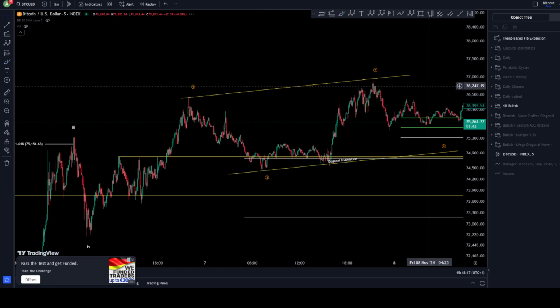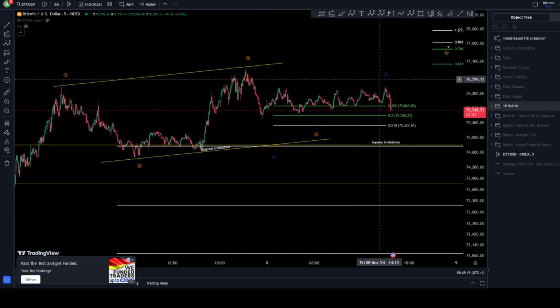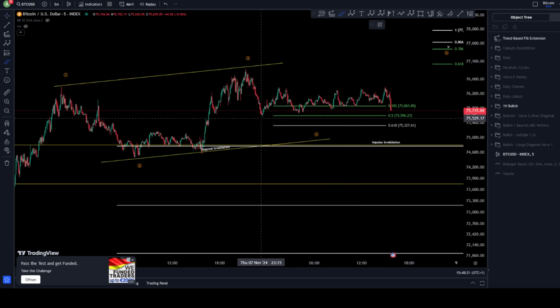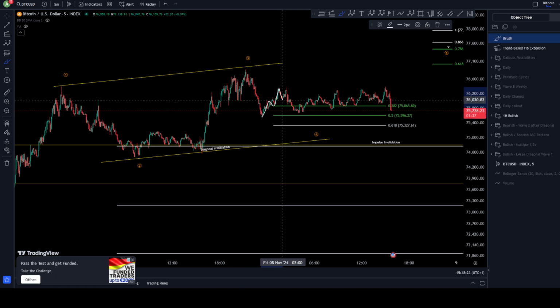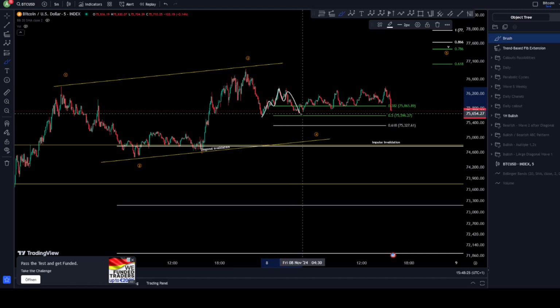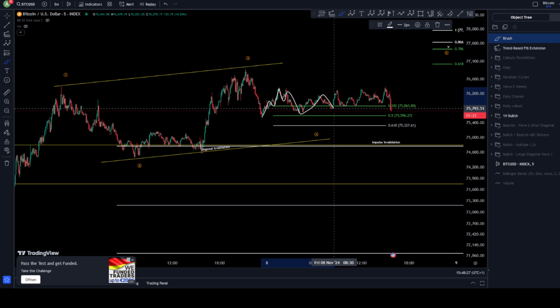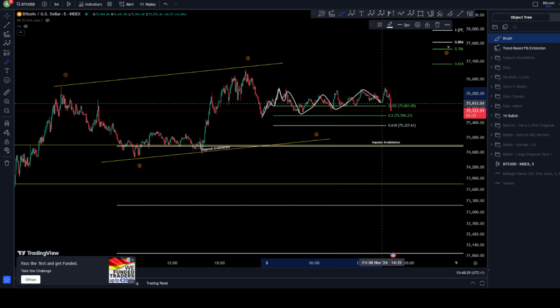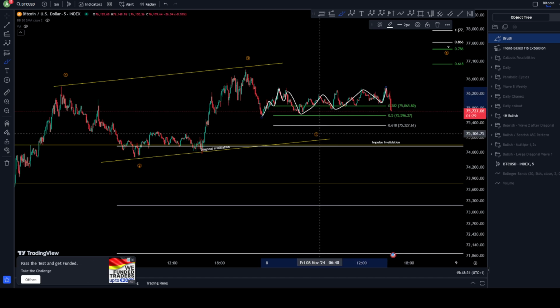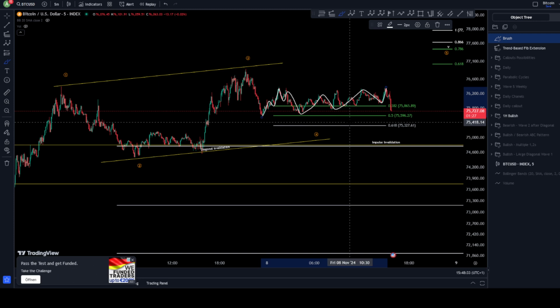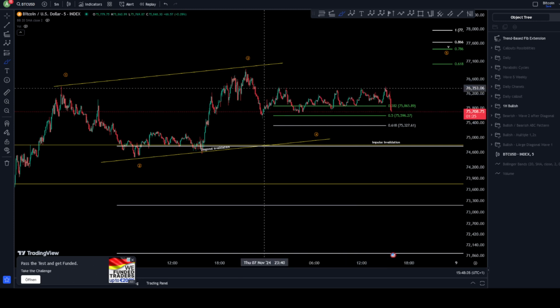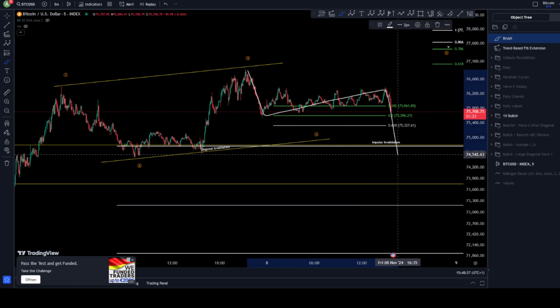Small impulse, right? And this tricky wave might be an A, and then B, and then 1, 2, 3, 4, 5, finished as well as an ending diagonal for a correction, and we might dive deeper, guys.